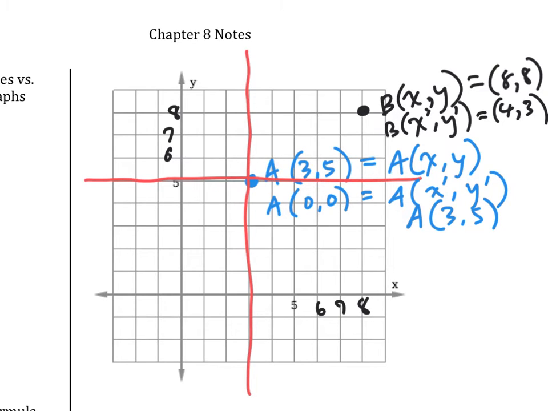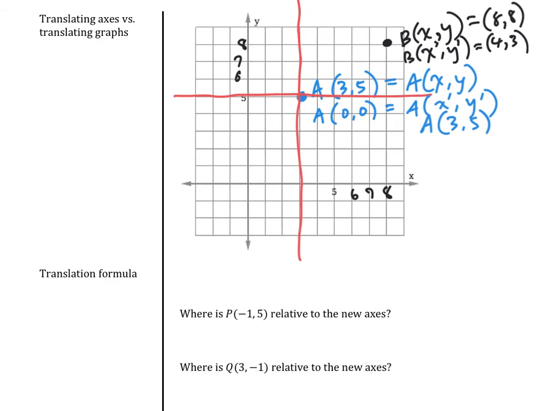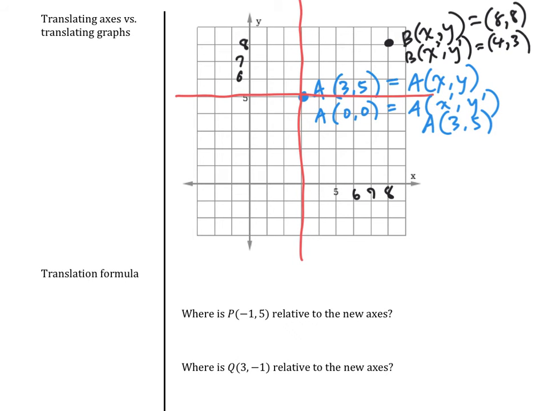So pretty simple. You're just setting up a new point as the new origin and everything is relative to that. So the question is, if you don't have this coordinate axis that you can draw graphs on, how would you figure out the new point relative to the new axis really quickly? Well, here is the translation formula.